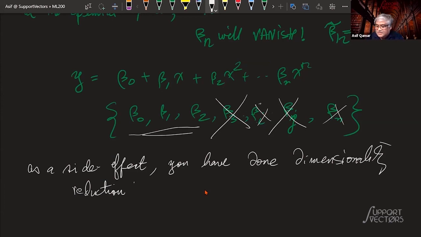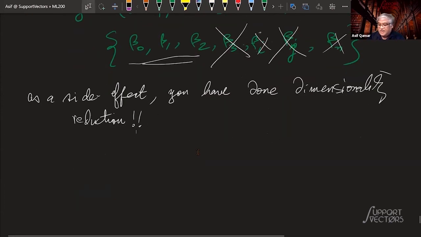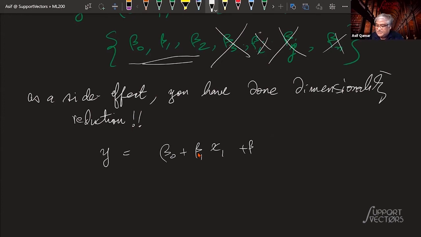And now let's generalize it to many variables. Let us say that you write y as a function of beta naught plus beta 1 x1 plus beta 2 x2. This is really a different feature.